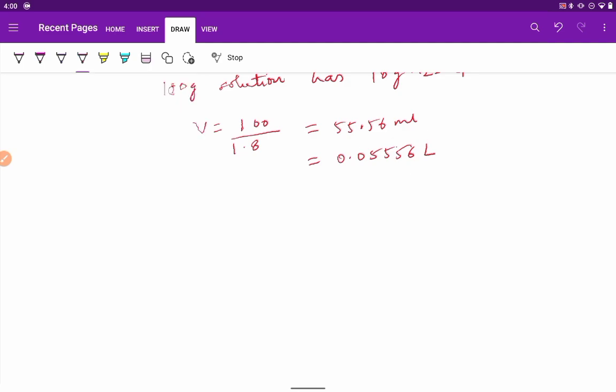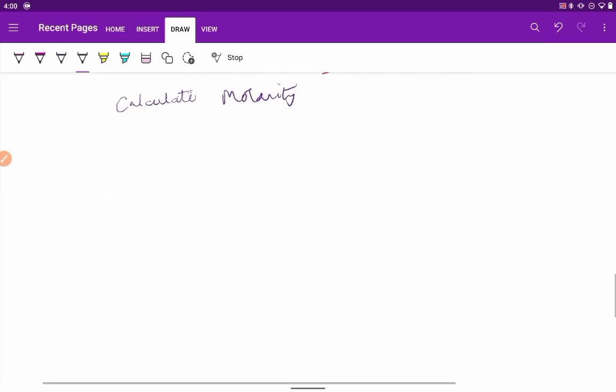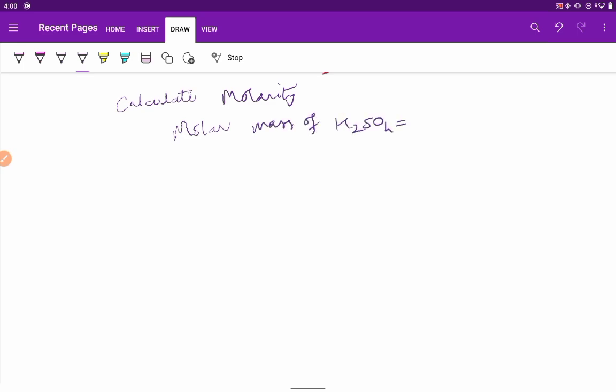Now next step we will calculate molarity. Now molar mass of H2SO4 is 98 grams per mole.